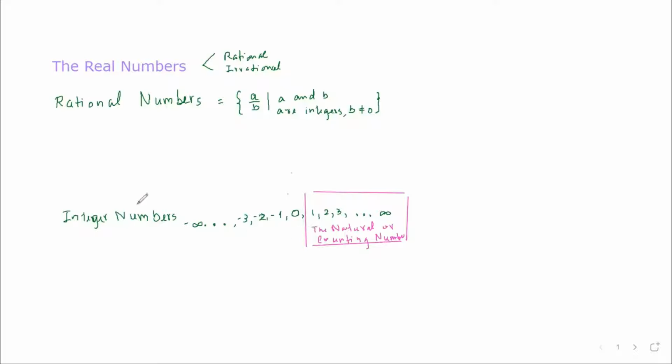Now we know the natural numbers, or counting numbers, are a subset of integers, and integers are also a subset of rational numbers, and rational numbers are a subset of real numbers.